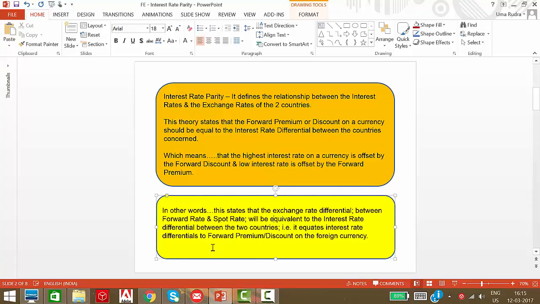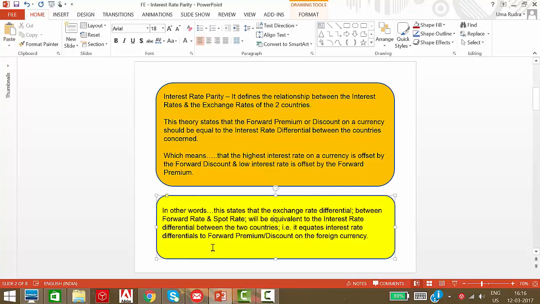Just to give you an example, suppose between US dollar and, say, Hong Kong dollar. Hong Kong dollar currency interest is, say, per annum 10%. I am just giving one example, 10%, and US dollar currency interest is, say, only 3%.